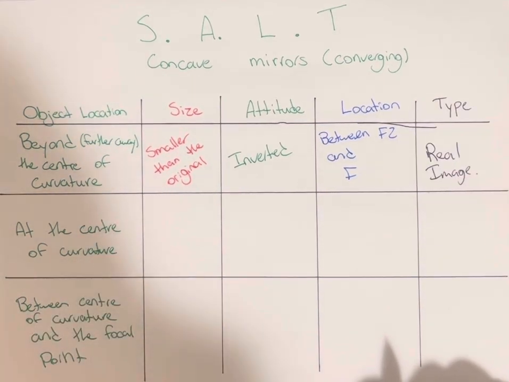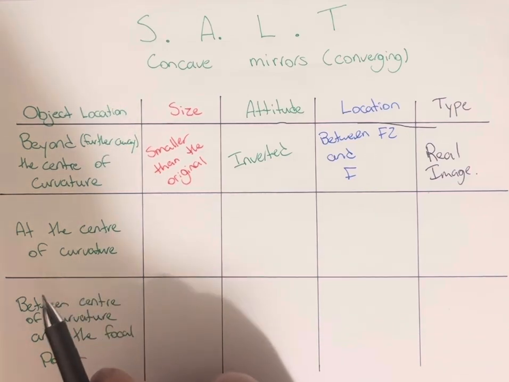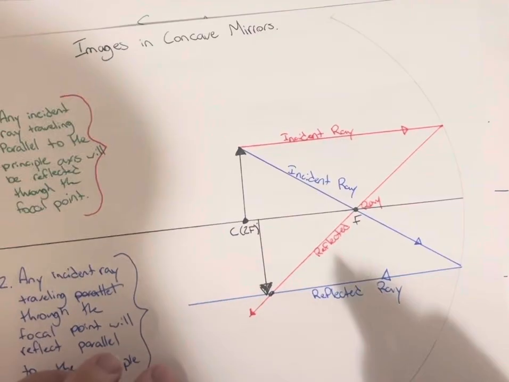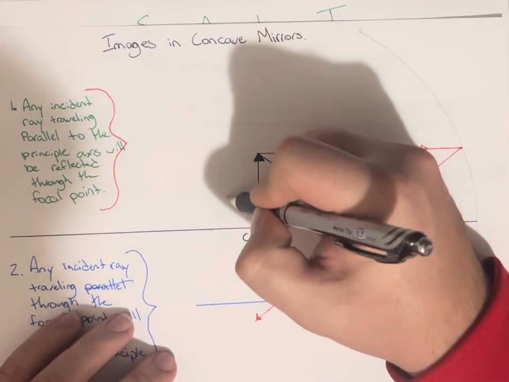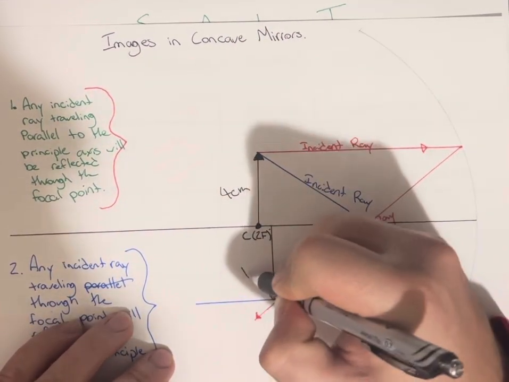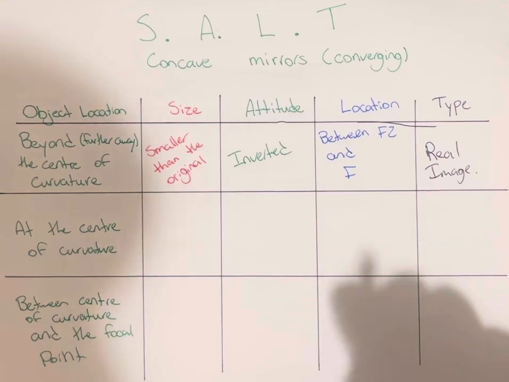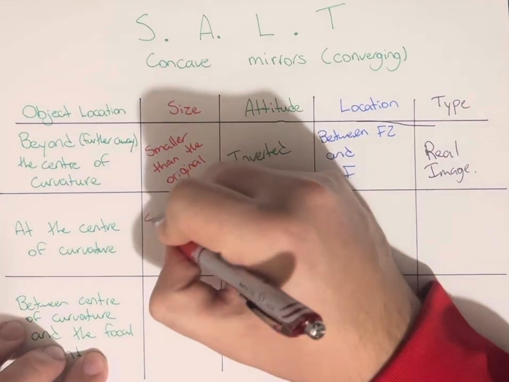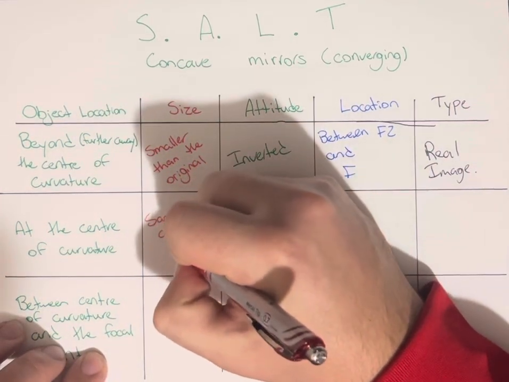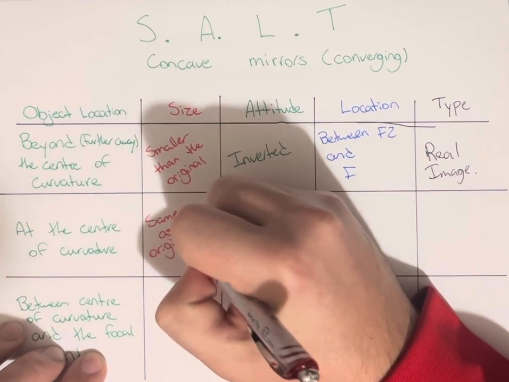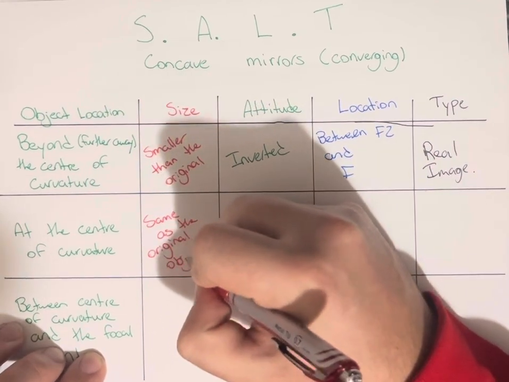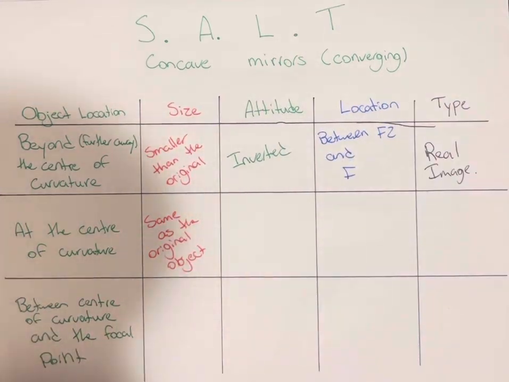Now, when I look through my problem where the object was located at the center of curvature, first we measured these two objects and they were both 4 centimeters. So the size is going to be the same as the original object. The attitude is still going to be inverted.